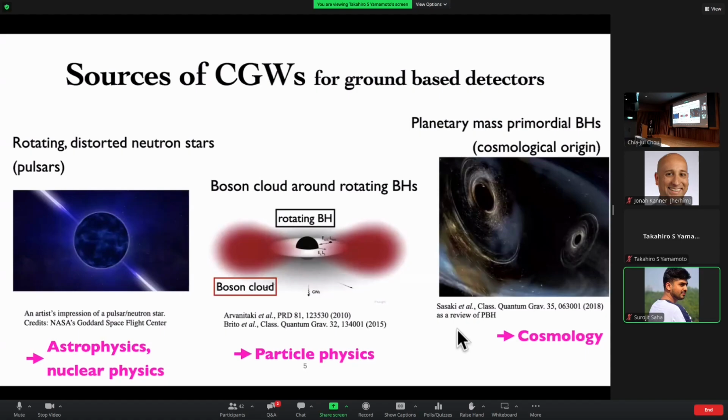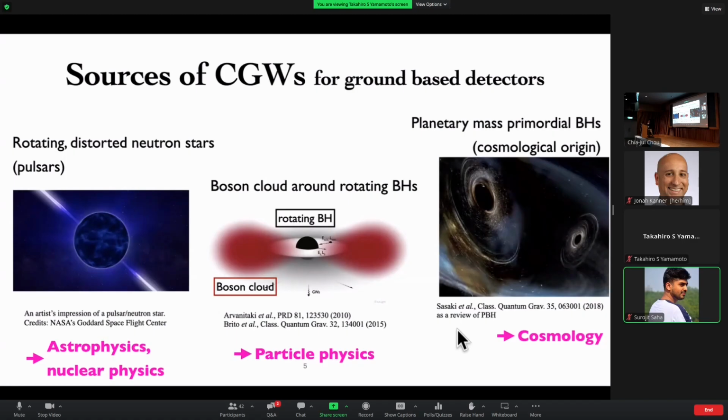And in the right panel, I show some artist images of binary black holes. We consider that black holes will be formed in the astrophysical scenario. I mean, very high mass stars at the end shrink, and they become black holes.